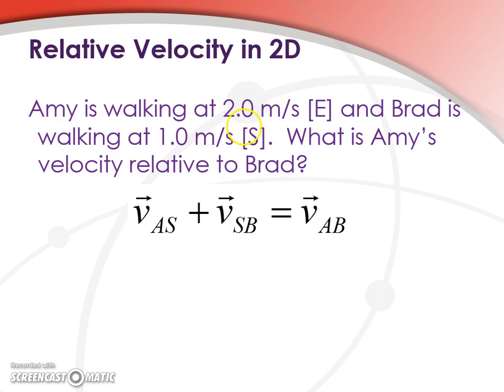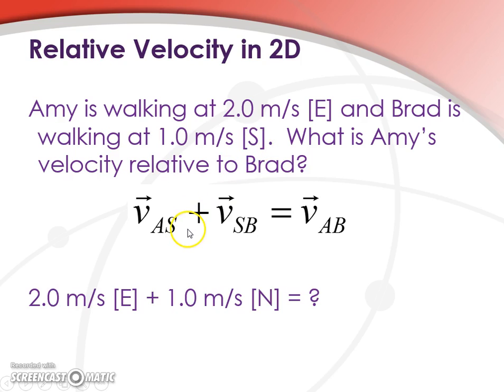Now we weren't given the street with respect to Brad. We were given Brad with respect to the street. So, of course, what we need to do when we want to reverse the direction of the vector, what do we do? We change the sign. So in this case, from south to north. And we get 2.0 meters per second east plus 1.0 meters per second north.